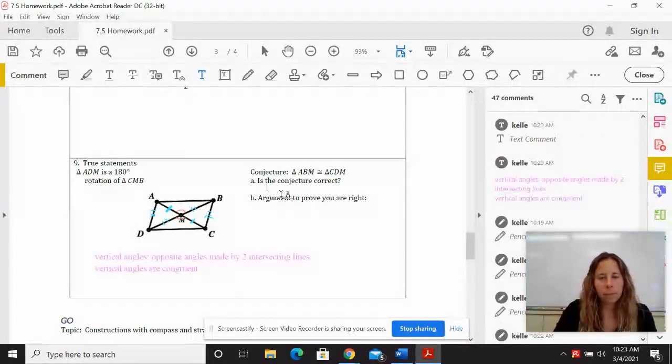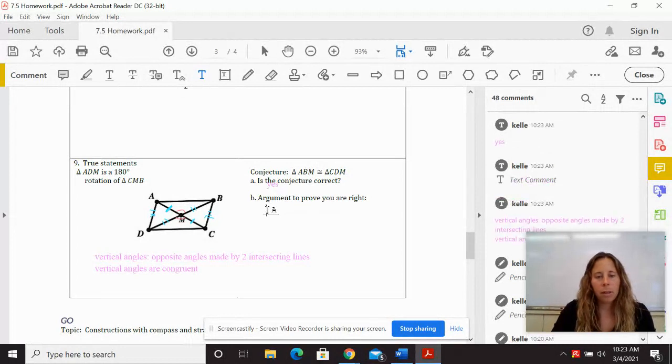And then you're going to talk about how the sides are equal, and then angle AMB is congruent to angle CMD because they are vertical.